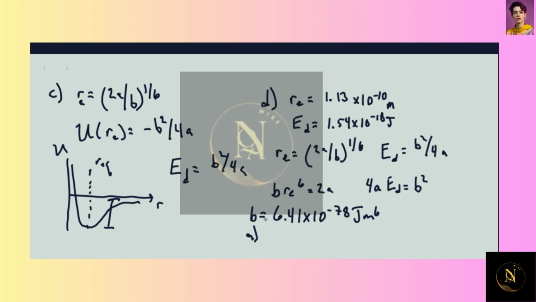And then back substituting that in, you can find that A is equal to 6.67 times 10 to the negative 138 joule meters to the 12th.